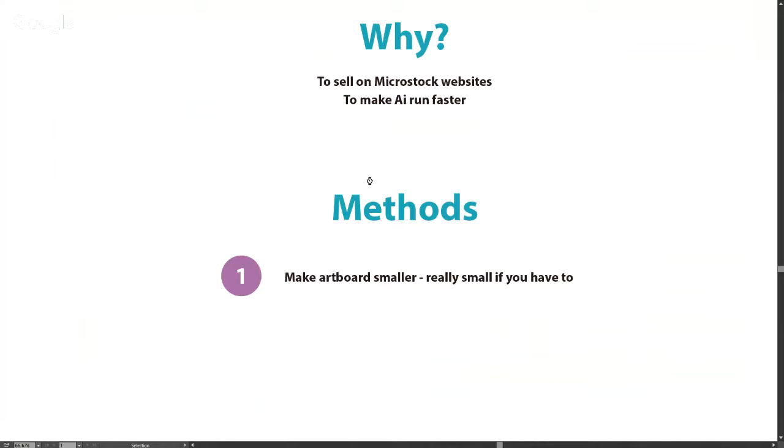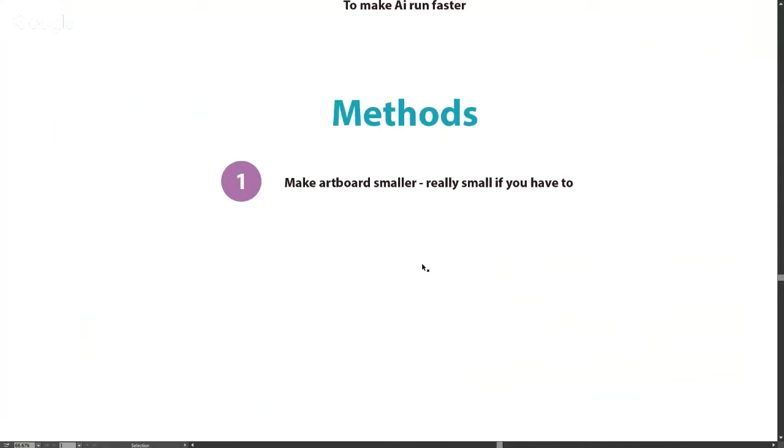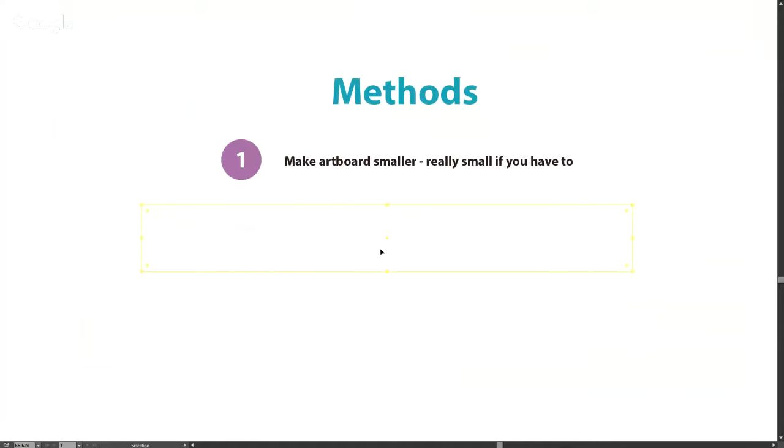If your future customer who buys this artwork needs it in a bigger size, they can just scale it up back to 2000 by 2000. By the way, I will show you exactly how this looks after I tell you all the methods, so stay tuned for that.